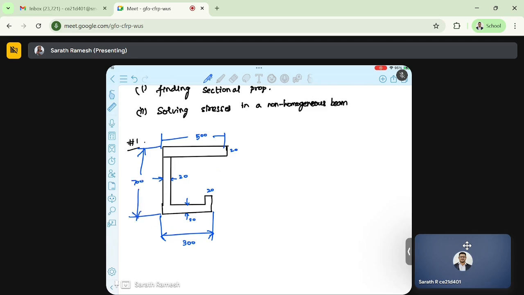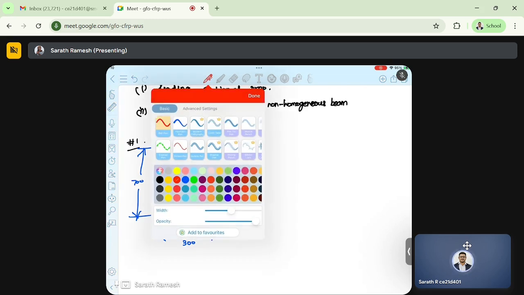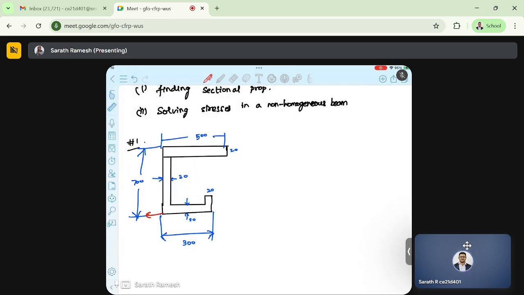Okay, fine. So we need to find various values of the coordinates. By the way, my coordinate system is here. This is my z axis, this is my y axis, and my origin is here.